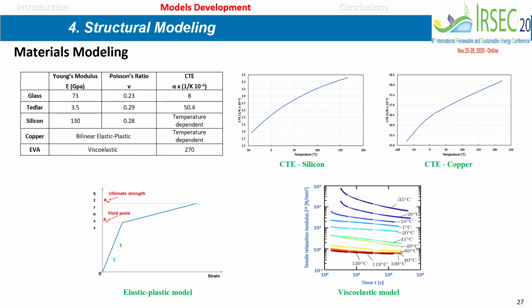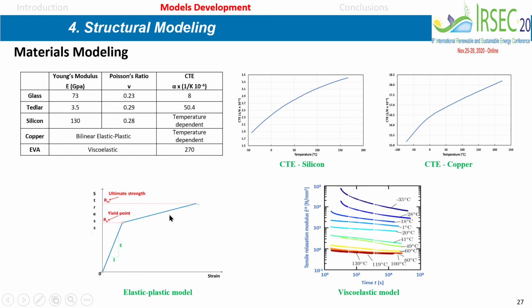PV panel. So obviously the silicon was taken as linearly elastic, the glass as well. The CTE of silicon varies with temperature. As you can see, the variation, we included it. The CTE of the copper varies also with temperature, and we did include this variation. And the EVA, which is a polymer, is a viscoelastic material, and we took also the effect of temperature on this, and we adopted a viscoelastic model.